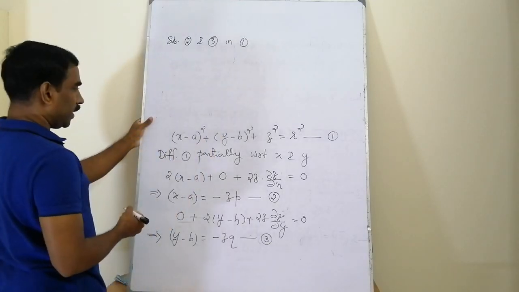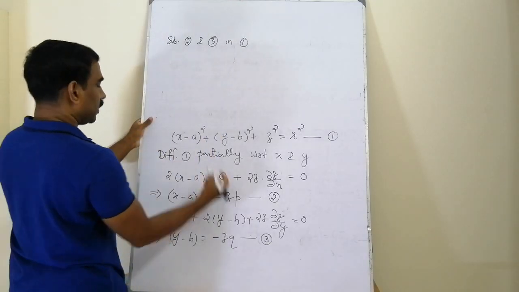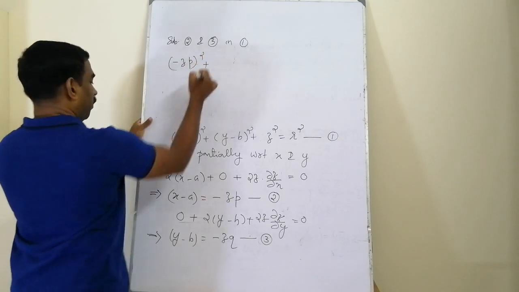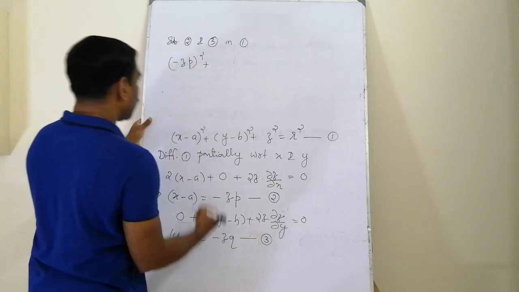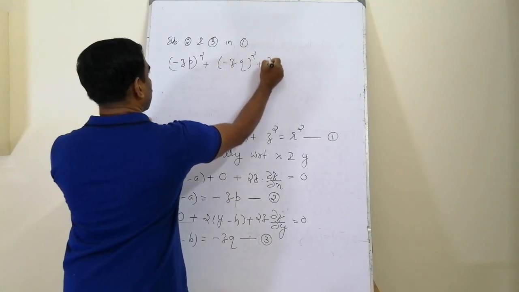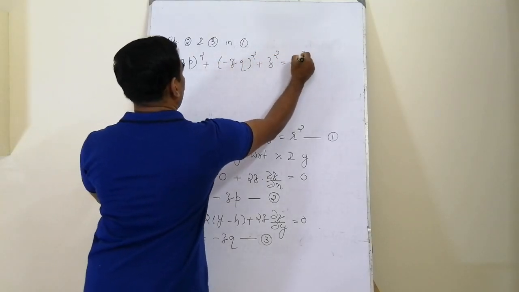That is, (x − a)², where x − a is −zp, the whole squared, plus (y − b)², where y − b is −zq, the whole squared, plus z² equal to r².